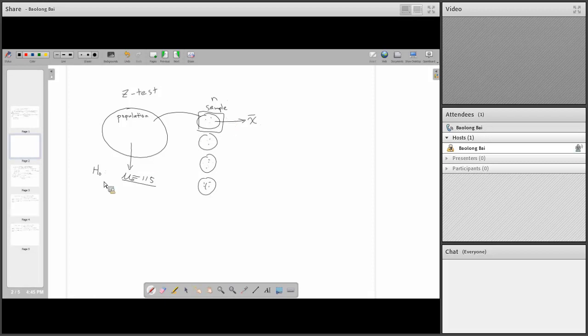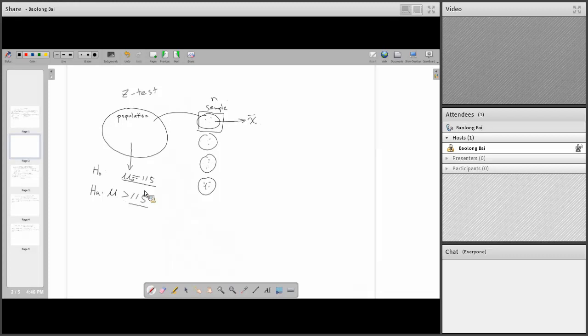So then we need to look at our alternative hypothesis as well. For example, the alternative hypothesis will be mu is greater than a number. Then if you have a greater than sign here, the p-value will be the more extreme side, the higher values.